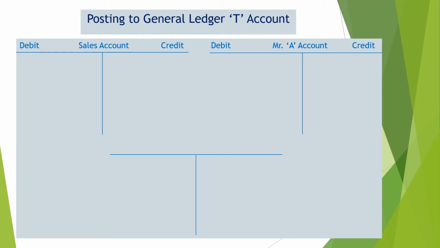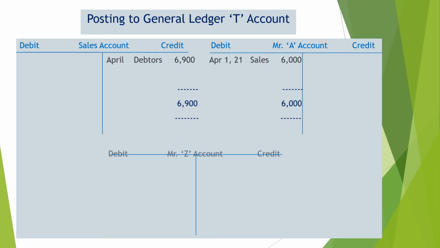Now let's come to the posting side of the sales daybook. We will open the sales account, where the total of sales of April will be recorded. The total sales were 6,900. The sales account is credited by 6,900, and the debtors' individual accounts will be debited: Mr. A 6,000 debit, Mr. Z 900 debit.